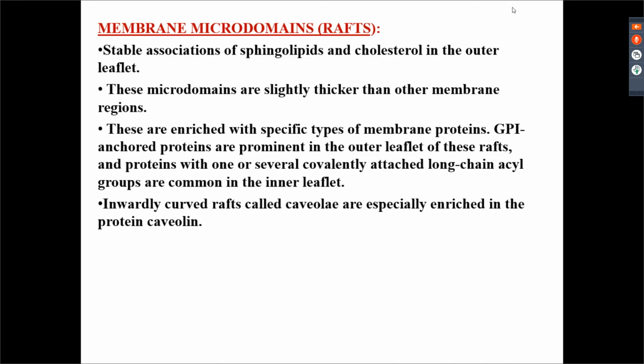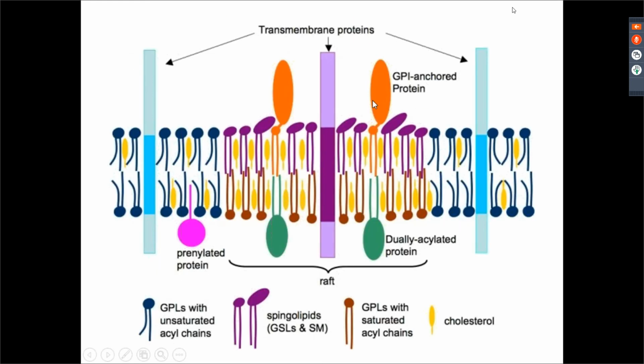Next, we come to what are membrane microdomains or rafts or lipid rafts. These are stable associations of sphingolipids and cholesterol in the outer leaflet. And these microdomains are slightly thicker than the other membrane regions. You have seen this. In this diagram, this region is a lipid raft, or a membrane microdomain.